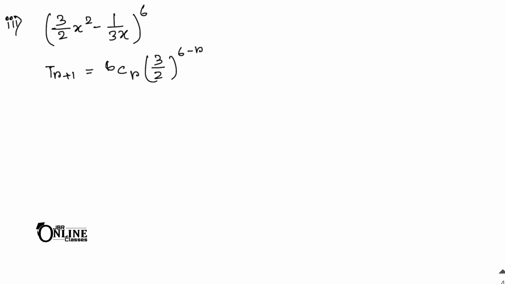Then x square to the power 6 minus r, and the last one will be minus 1 by 3 to the power r, and then x to the power minus 1 to the power r. Okay, it's good.